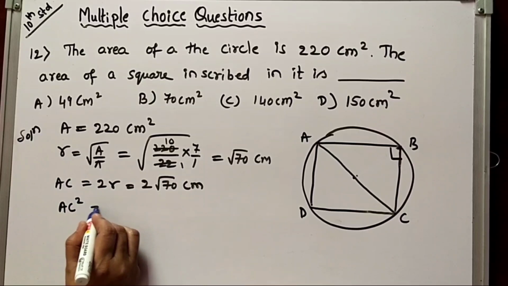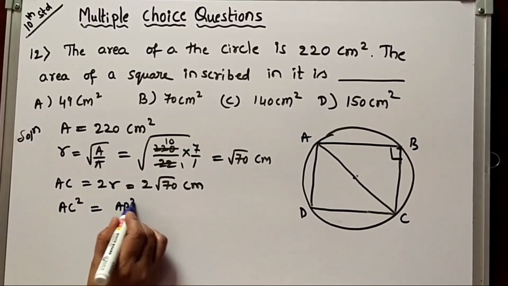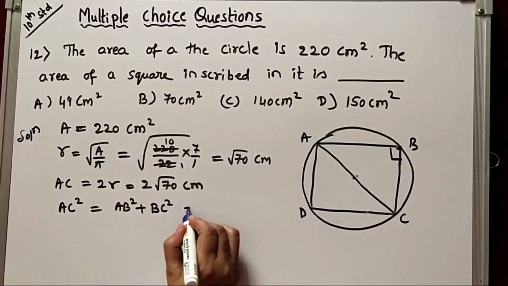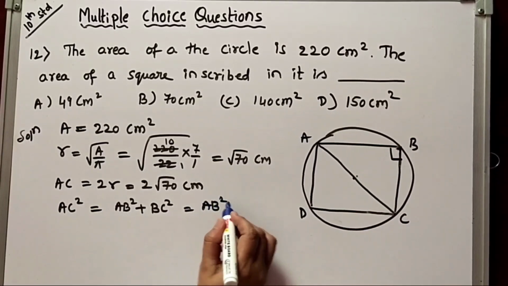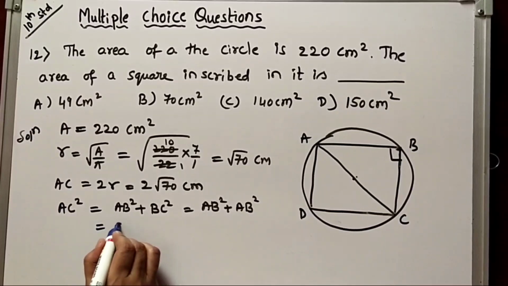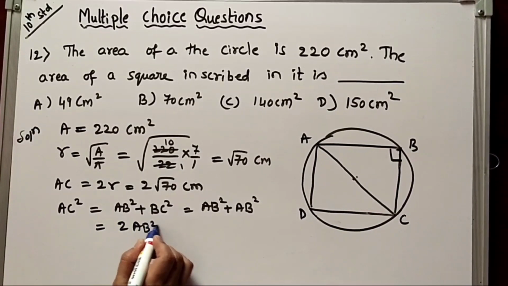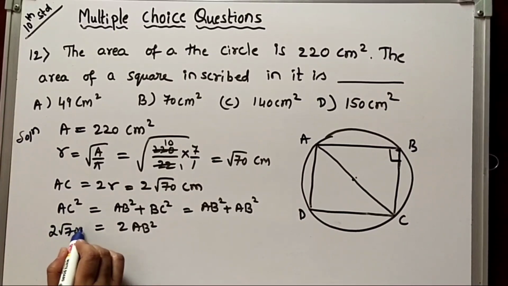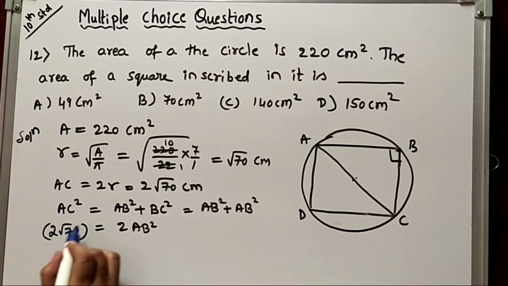AC square is equal to AB square plus BC square. In a square both sides are the same, so AB square plus AB square, that is 2AB square. So AC means (2 root 70) whole square.